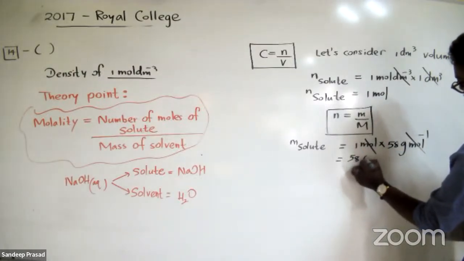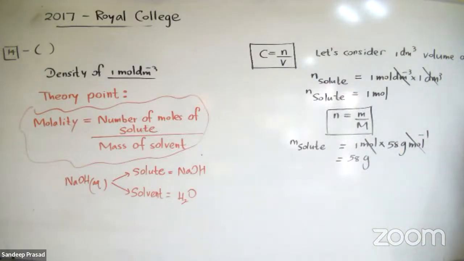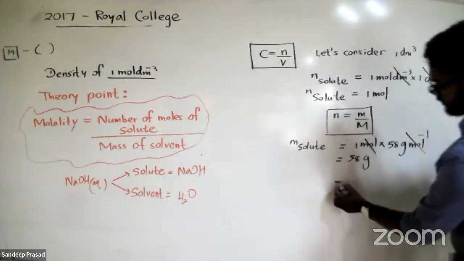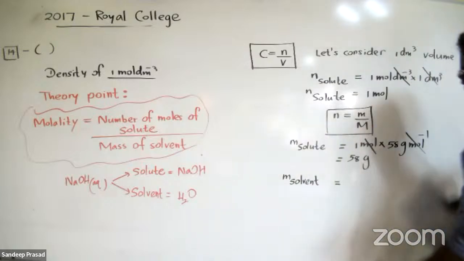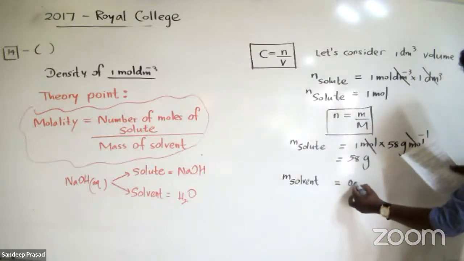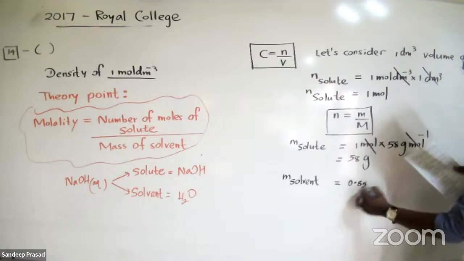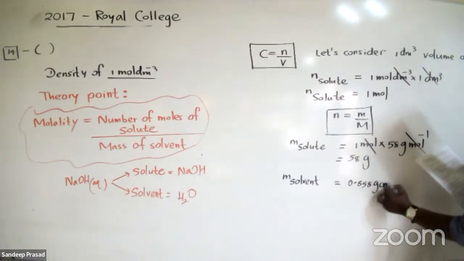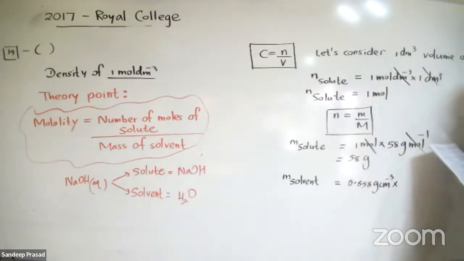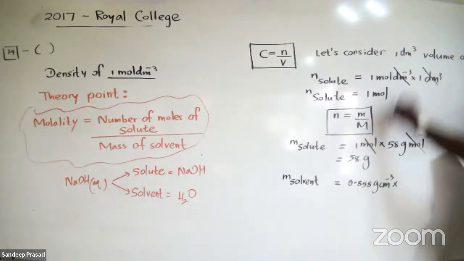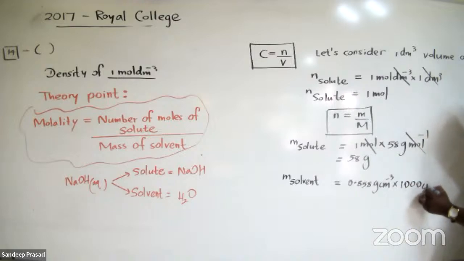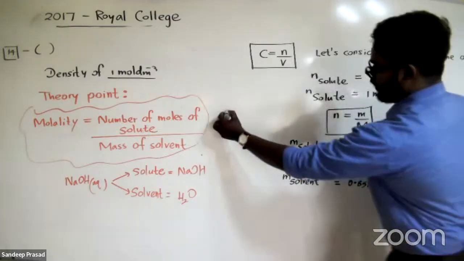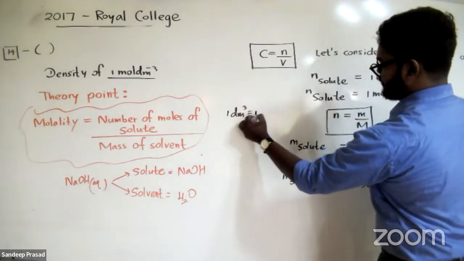Then mass of solute is 58 grams. What is the mass of solvent? They have given the density of the solution, 0.85 grams per cubic centimeter. And the volume, I consider that is 1 cubic decimeter. That means 1000 cubic centimeters. I told you that 1 cubic decimeter is equal to 1000 cubic centimeters.